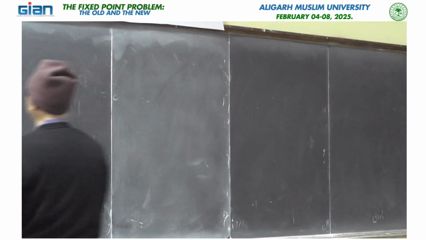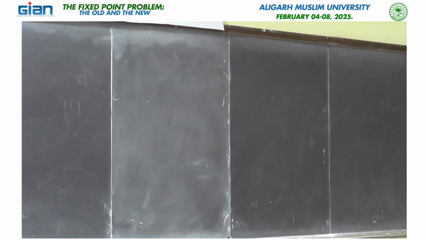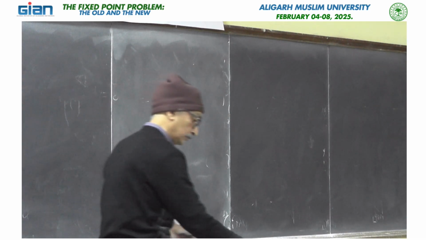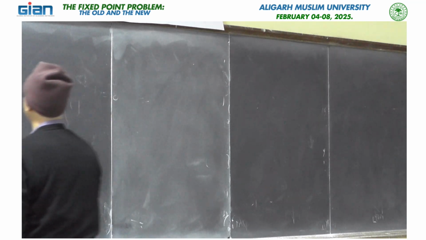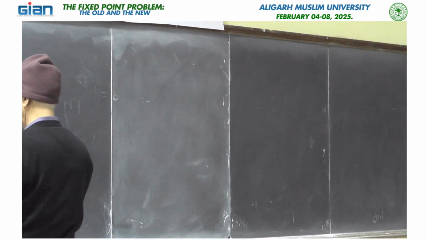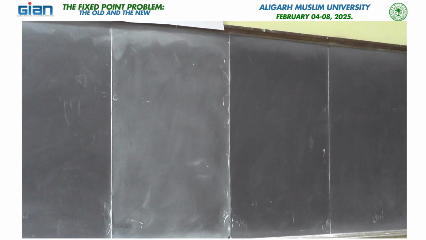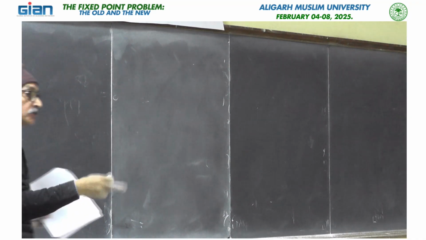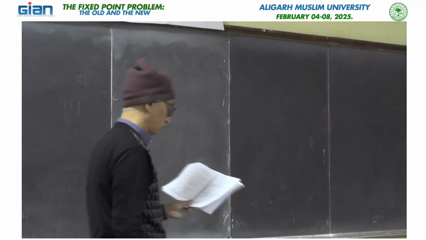So now we will assume that this little k is in L2 of 0,1 cross 0,1. Then again we want to show that for some large power of T it will be a contraction.